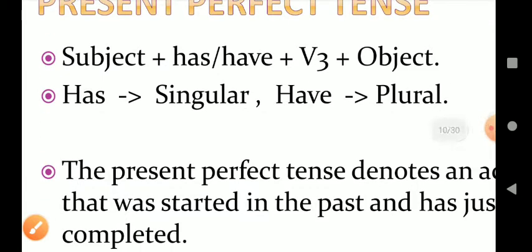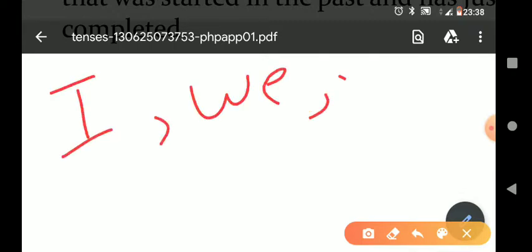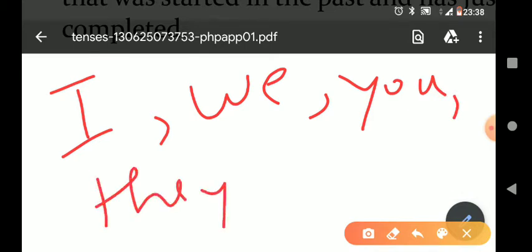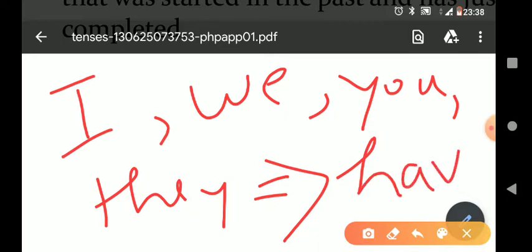And if there is any pronoun, then this is the rule: with I, we, you and they, what to use? Have. Always keep in mind, this is for pronouns.